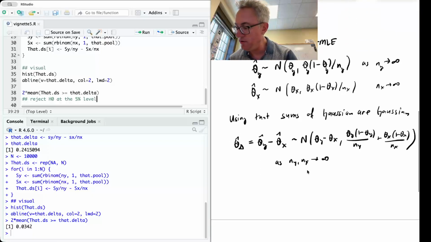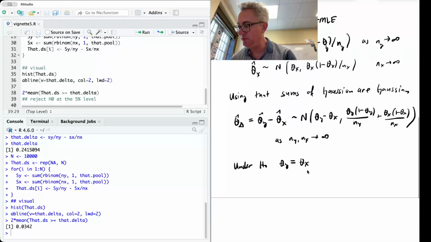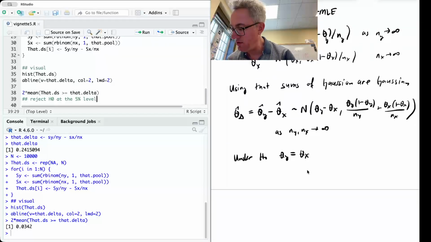Now, under the null hypothesis, theta y is equal to theta x, so we can simplify this a lot. So theta hat delta is a Gaussian with a mean of 0, because that theta y minus theta x there is 0. And then these are all just copies of theta.